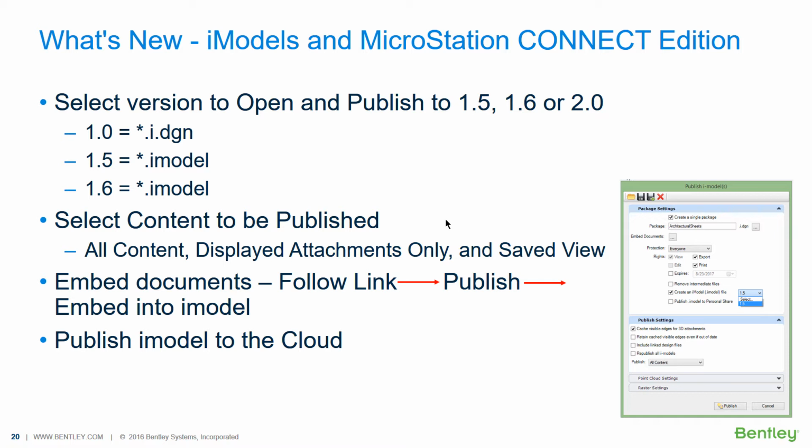So the actual PDF is inside your iModel. In addition, you could also publish your iModel to the cloud, and we're working on some additional things that you can do with the iModel on the cloud. Some really exciting stuff that we'll be unveiling in our Year in Infrastructure in a couple of weeks in Singapore.